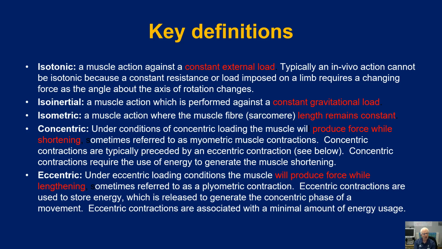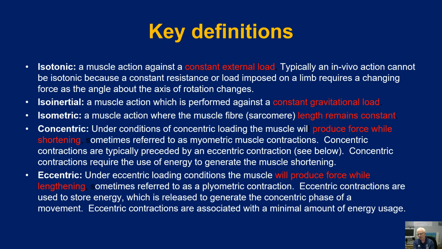We need to be able to differentiate between a contraction that is isotonic and a contraction that is isoinertial. Now this is really important because these get very, very confused. An isotonic contraction, as we've written here, is a muscle action against a constant external load.